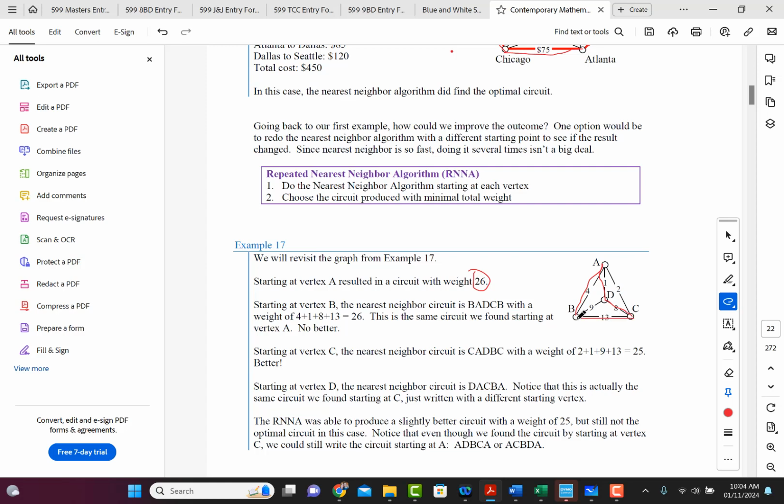Like that. So that'll work. If we add those up, we get 26 again. So we got the same. So no change.